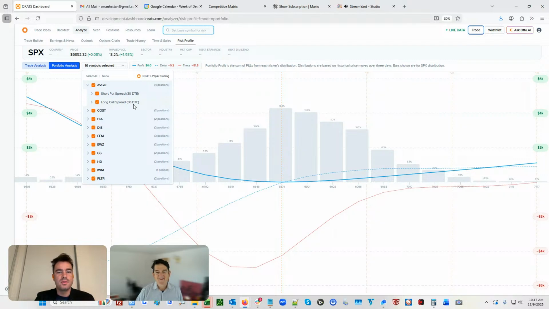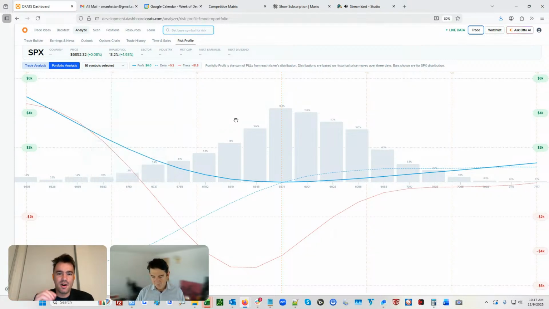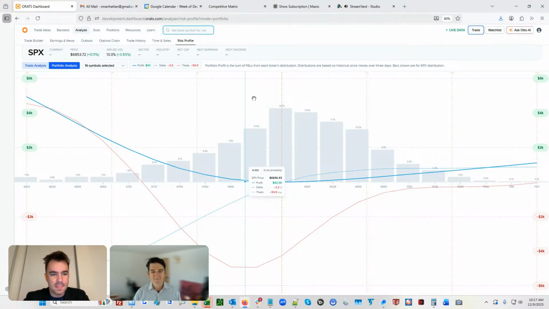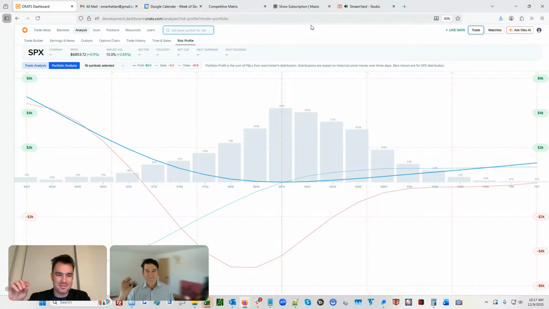Right now, you only see the distribution for the underlying that you're showing here, which is SPX, the base symbol that you could change. But that profit and loss line, that thick blue line that you're seeing there, is a sum of all of the theoretical values, or as you like to call them, the profits, of each individual ticker's standard deviation move. Yeah, well said.